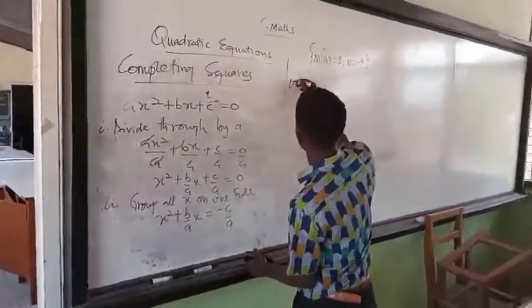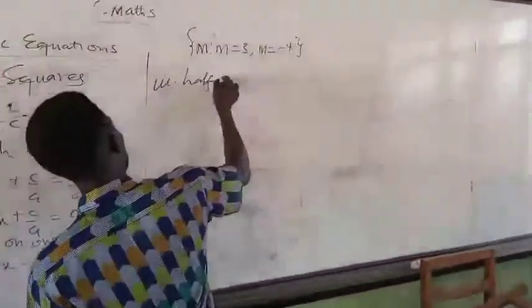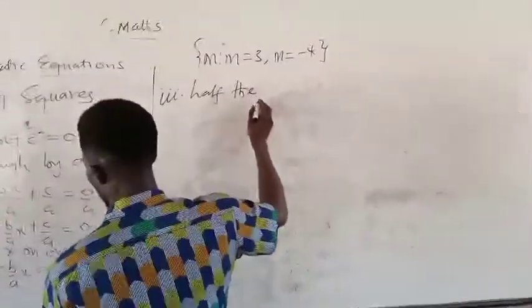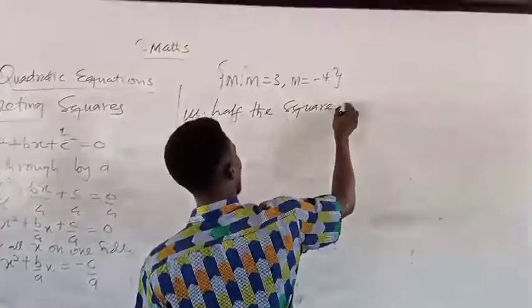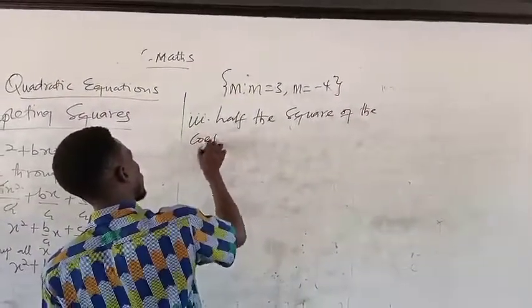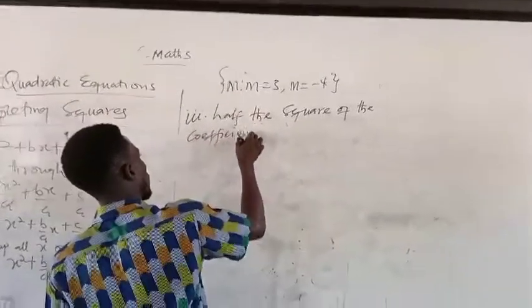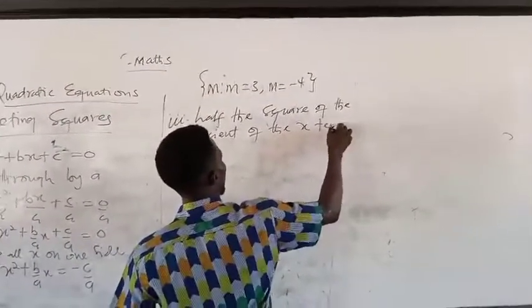Having done that, now the third step is find half the square of the coefficient of the x term.